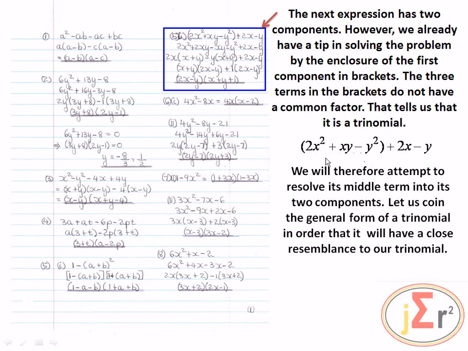Therefore, we will adjust our general representation of a trinomial to resemble the one that we have here. So we will have, no doubt, ax squared plus bxy minus c y squared.